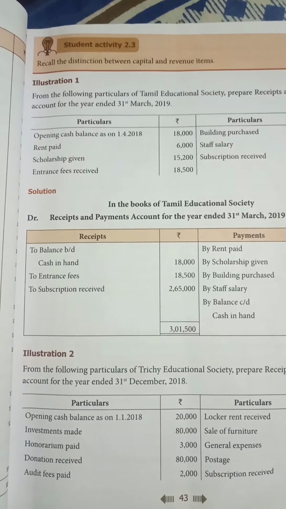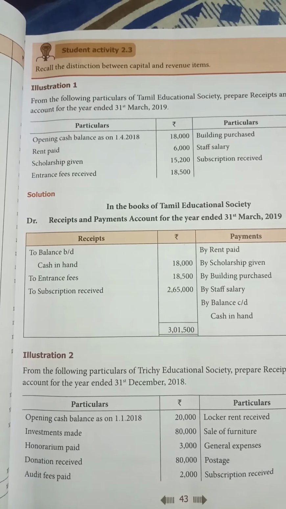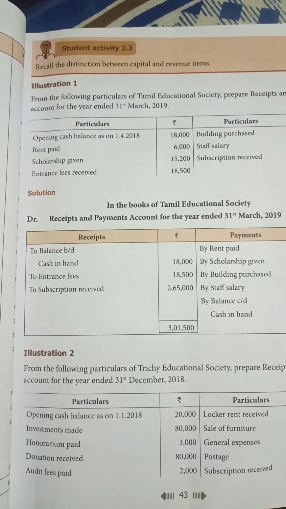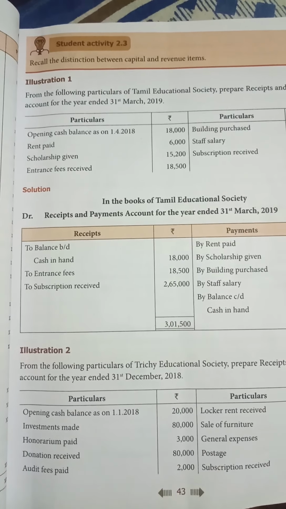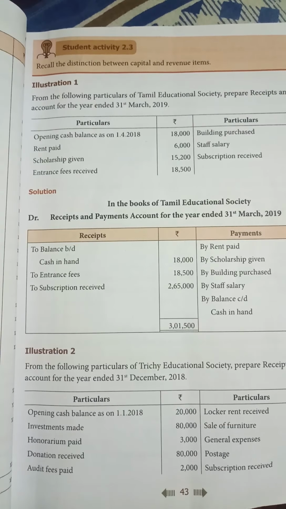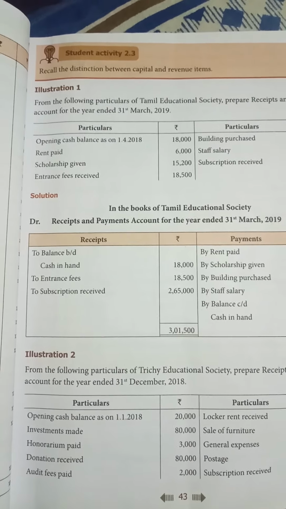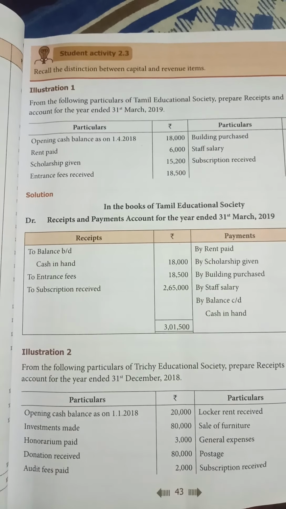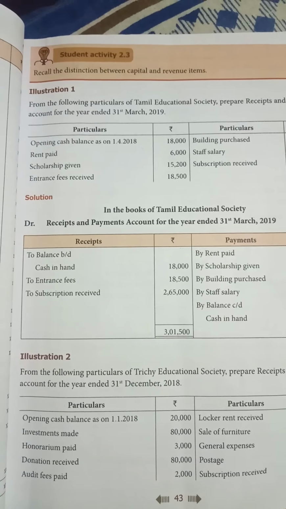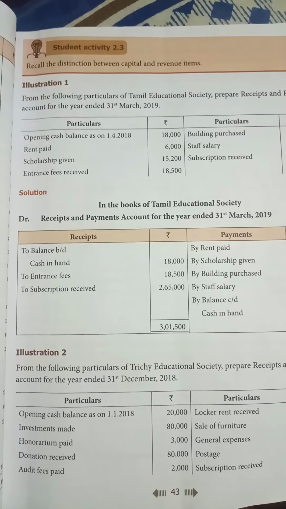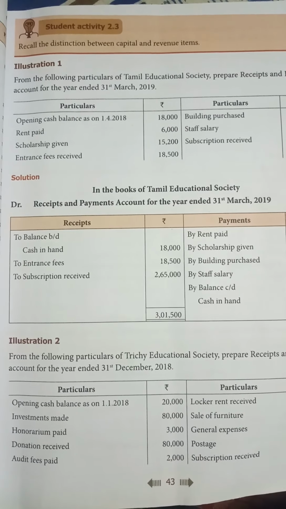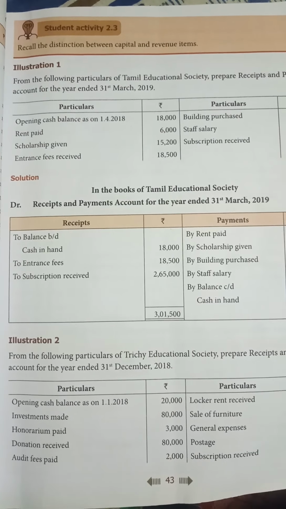After that, we enter all the revenue receipts and capital receipts towards the debit side, and revenue payments and capital payments towards the credit side. Here we can enter all the items except non-cash items like depreciation, or outstanding or prepaid expenses. We should not enter those kinds of accounts, that is, non-cash items.